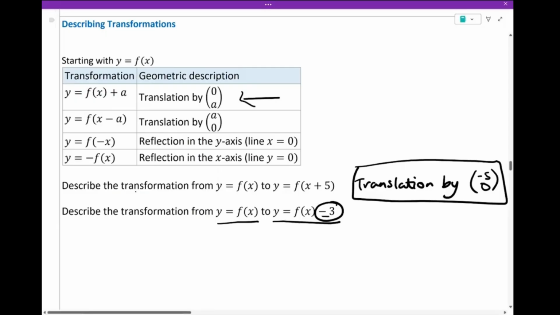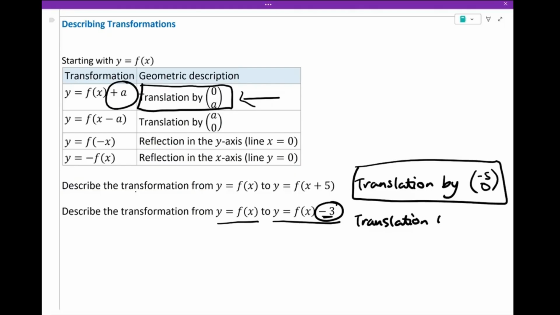That negative 3 we've got written there represents this a here. So a is negative 3. So that means I can now write out my full statement. It is going to be a translation by, and then we'll write our vector. Okay, and it's going to be 0 for the horizontal component and a negative 3 for the vertical one. But for a vertical translation, it's always the same sign. It's a negative 3 here, given that it's a negative 3 here.